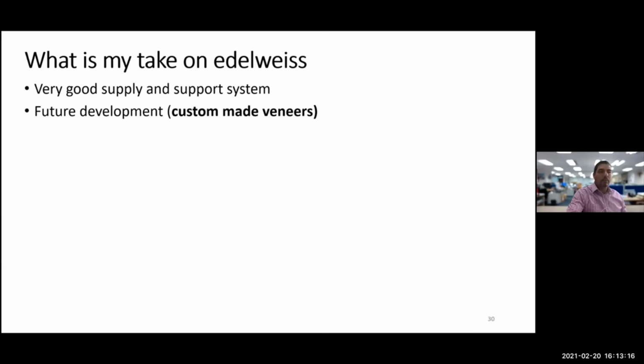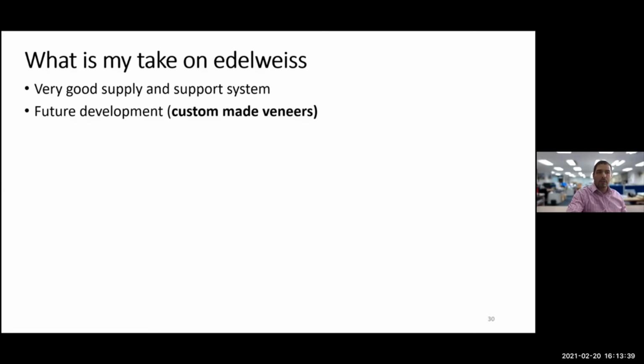Future development is also on the way that I came to know. They are planning to do custom-made veneers. So if you have a tooth that is really away from all the regular shade guides, or a long tooth with root exposure you want to cover, you can do custom-made in the future. I'm a person who really supports individualization for patients. Everyone has his own teeth. It's not like copying other famous people's teeth and so on.